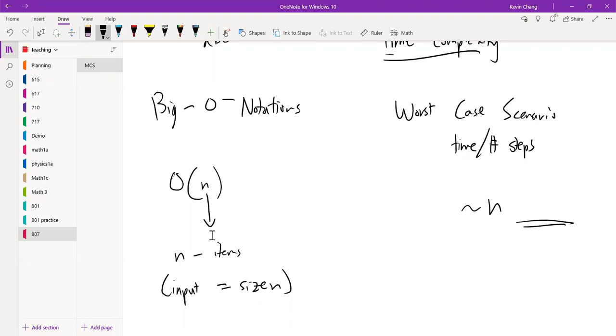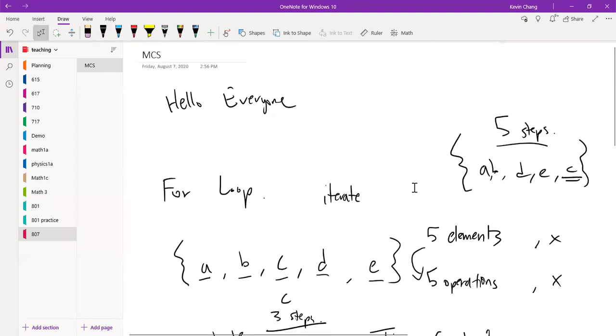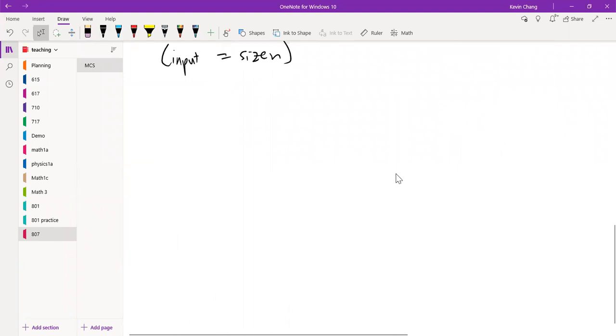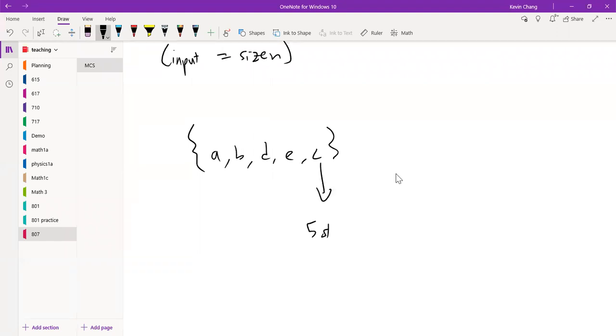So for example, let's go down a bit. If my code were again to search for C in A, B, D, E, C and then output something like hi, I would search for C, find C in this position. That takes 5 steps, as we mentioned before.